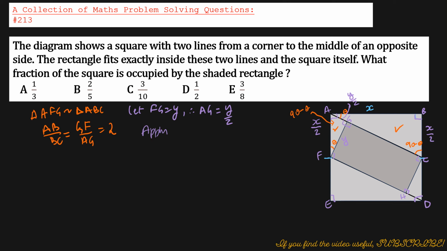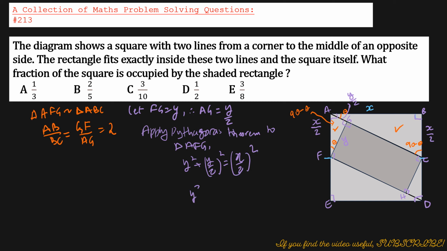So we apply Pythagoras' theorem to triangle AFG. What we get is y square plus (y out of 2) whole square equals (x out of 2) whole square.